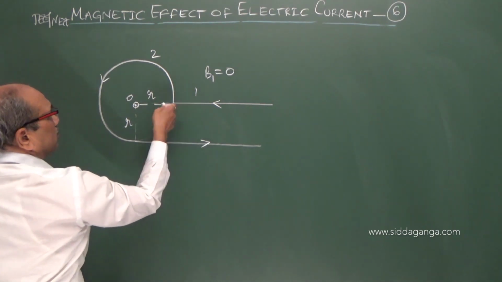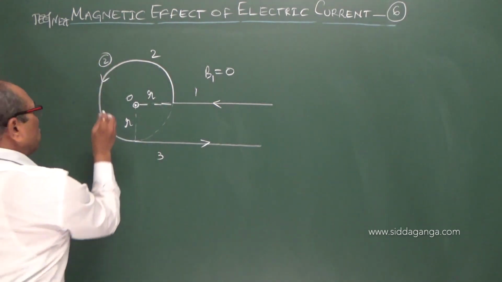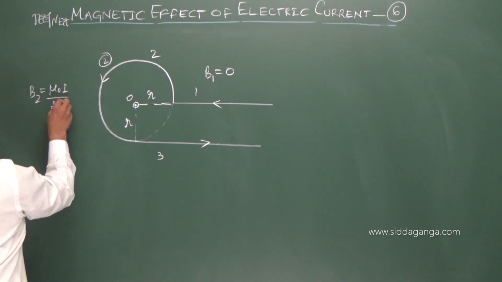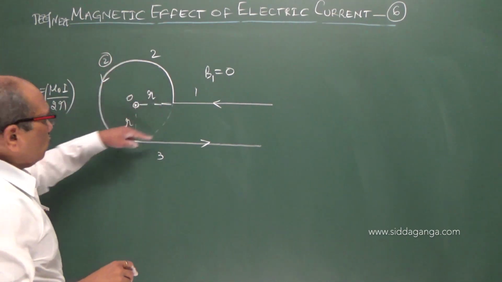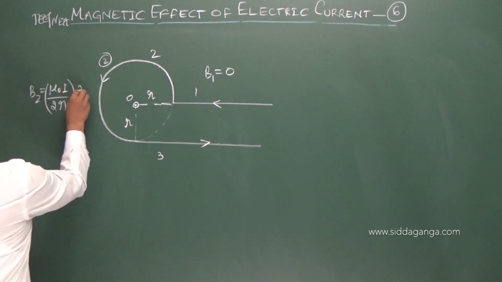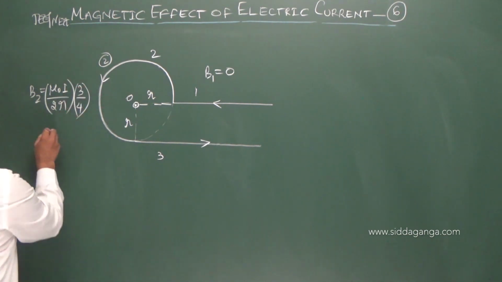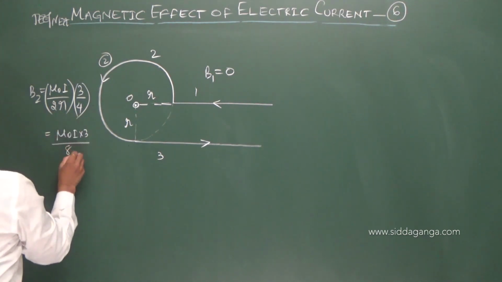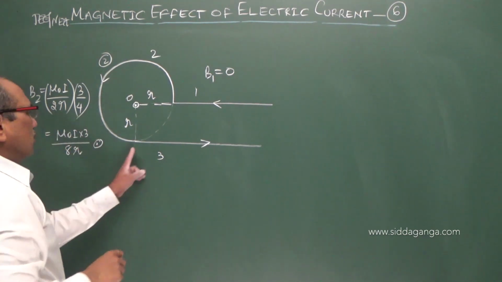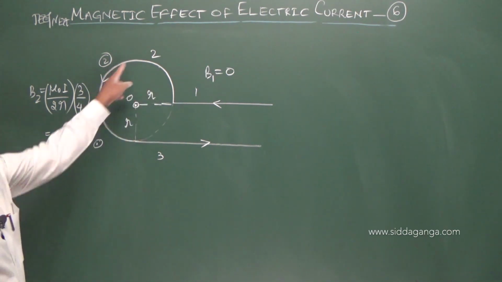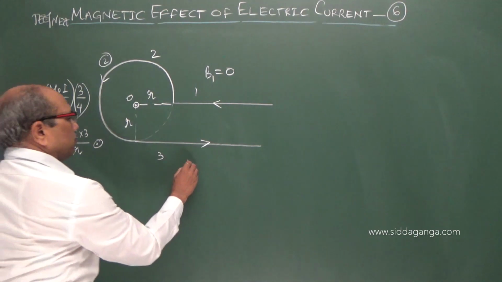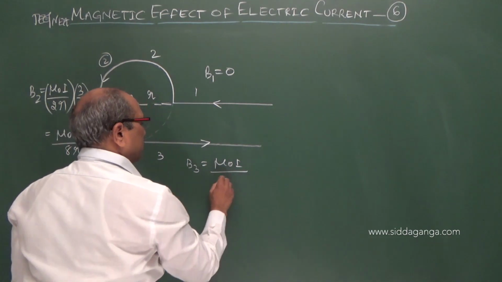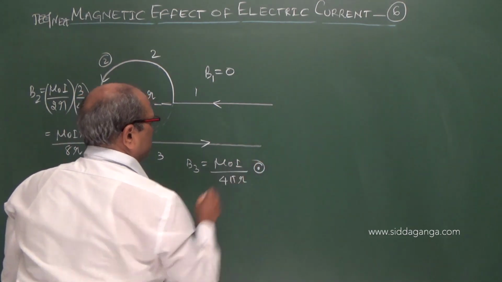The second one gives the field outward, no doubt, B2. Mu naught I by 2R for the whole loop, but only 3/4 is present. Thereby it becomes mu naught I into 3 divided by 8R, outward. This is the 3/4 of the loop I have to account for here. B3 is already known: from the center to outward, half straight line, mu naught I by 4 pi R, out of board.